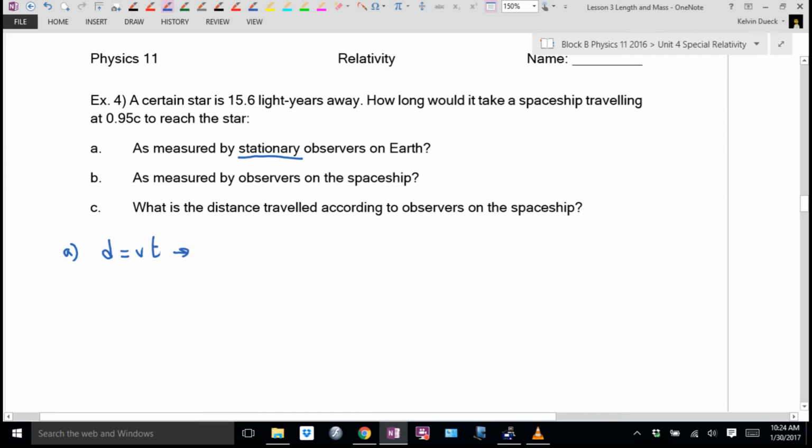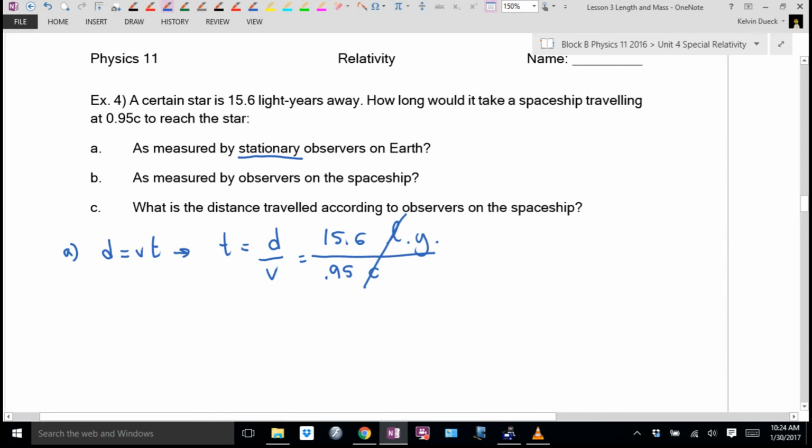It asks, how long? What do they want me to get by itself? t. It's going to be the distance divided by the speed. The distance is 15.6 light years. The speed is 0.95 light.